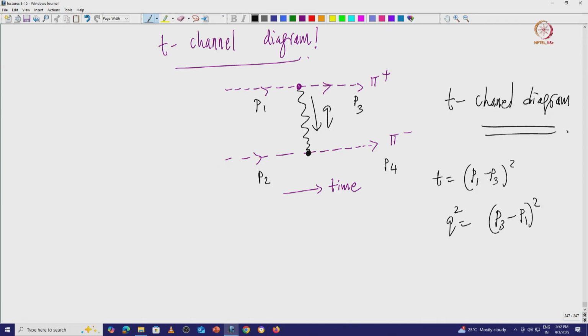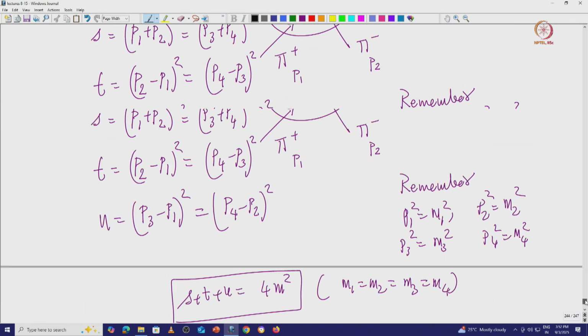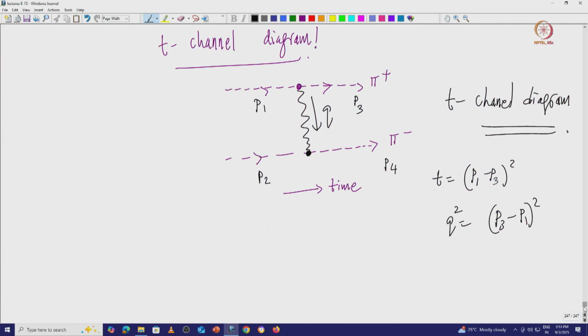Now, this is called a T channel diagram. This is one of the three processes which we discussed. Because of the energy momentum conservation, you always have this kind of situation, with the incoming momenta related by P3 minus P1.